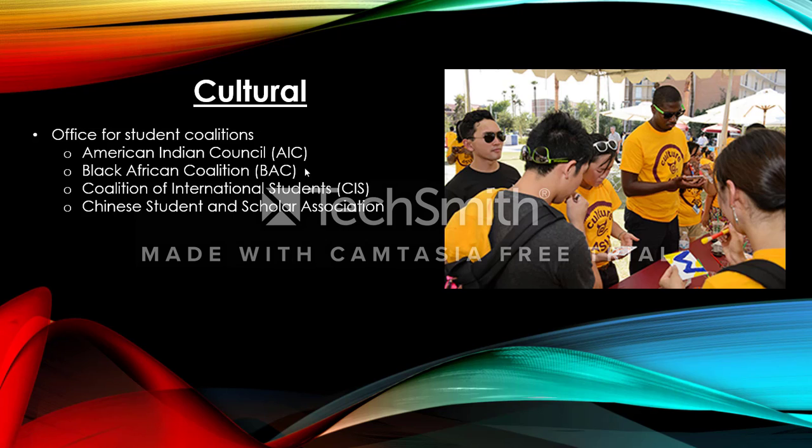Mainly their goals are to increase enrollment, increase retention, and to increase their presence through positive campus activities. There's also an organization called the Coalition of International Students, which aims at promoting communication among all international student organizations in order to coordinate and consolidate activities of international students while promoting understanding among the various cultures within the university and community at large.